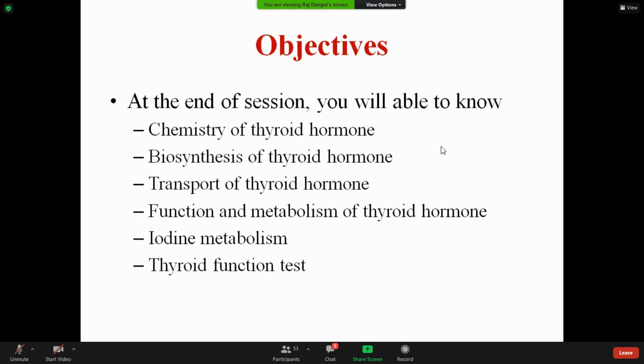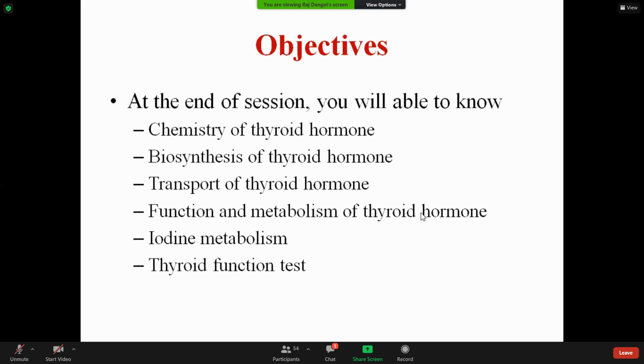Apart from that, you will learn about iodine metabolism, and iodine is one of the chief minerals that is necessary for the thyroid hormone. So the chief element is bound with a thyroid hormone, and later you will learn how the thyroid function test is performed.